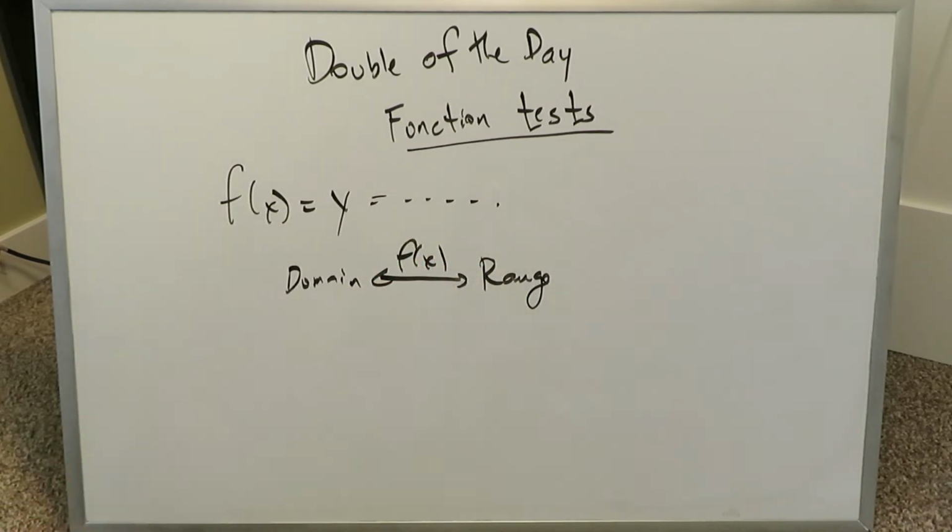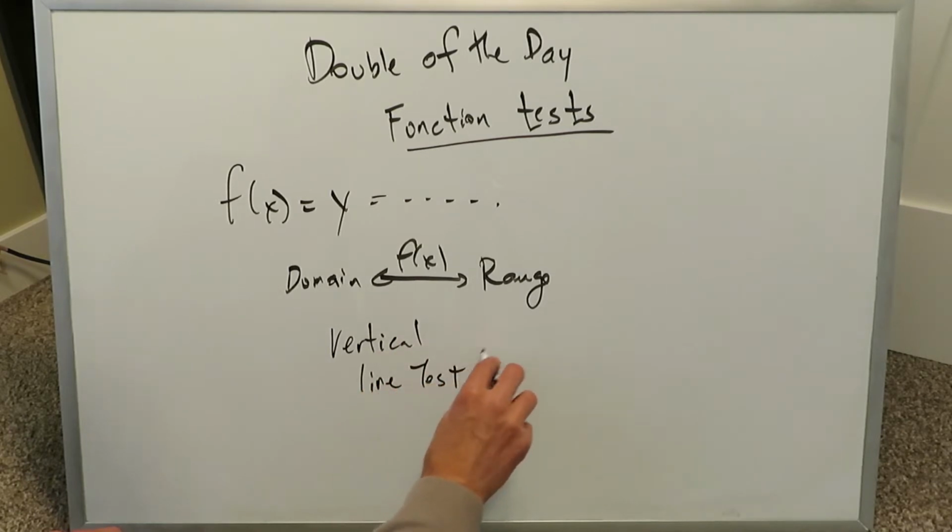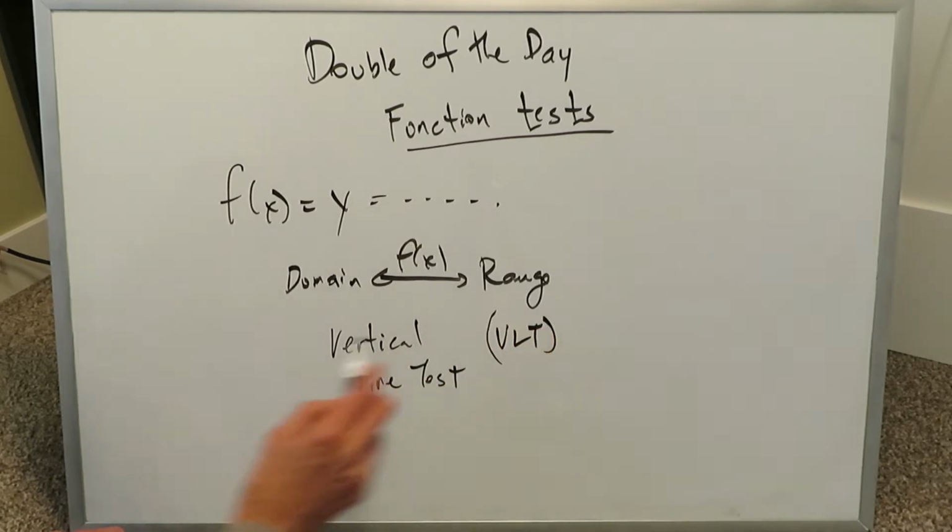An equation is a function for a number of reasons, and we're not going to get too heavy here into pre-calculus because our purpose is standardized test preparation. A good evaluation for an expression to meet the definition of a function is if it meets the vertical line test. We can abbreviate that as VLT, the vertical line test.